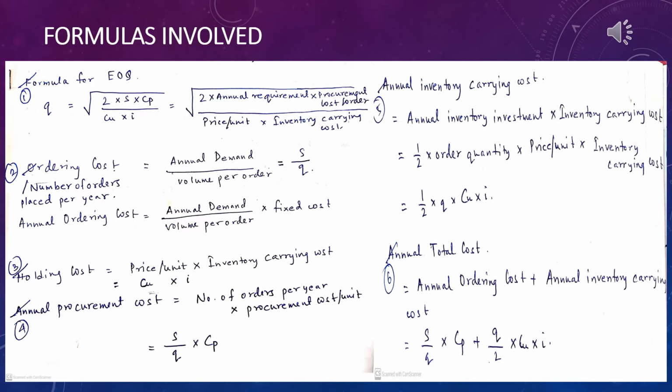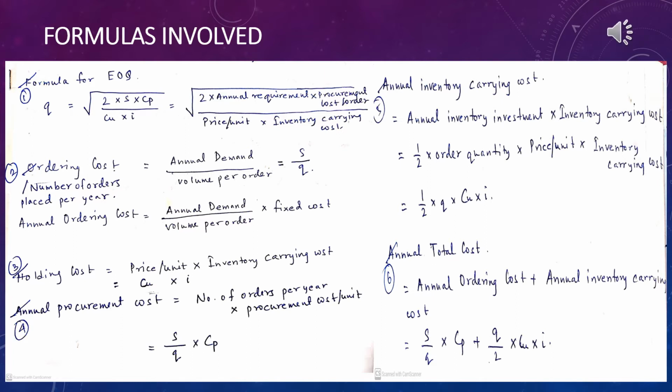So S by Q into CP becomes equal to Q by 2 into CU into I, and from there the first formula which I talked about, Q equals root over 2 into S into CP divided by CU into I, comes back. These are the formulas which students you need to remember while solving any kind of sums regarding EOQ.